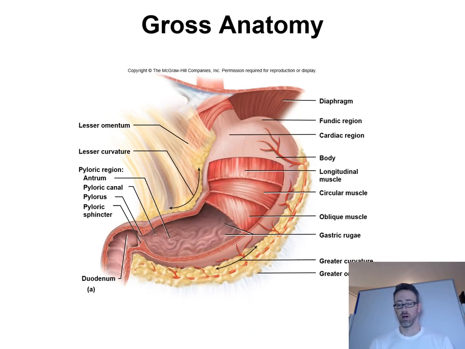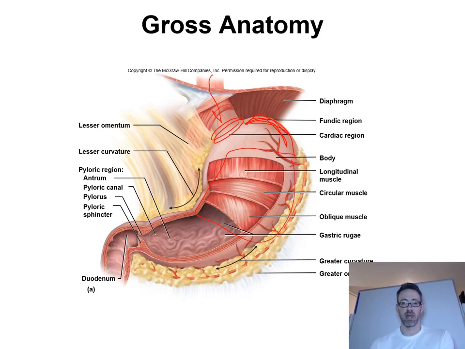So the overall gross anatomy of the stomach is here. You can see the cardiac region, which is where the lower esophageal sphincter is connected, where the esophagus is coming through the diaphragm to connect with the stomach. And then you have the fundic region, which is up here. So this is the fundus, okay? And then the body, which takes up the majority of the stomach.